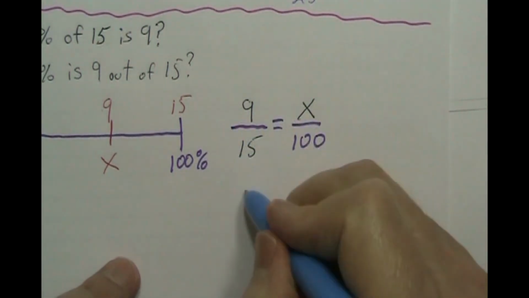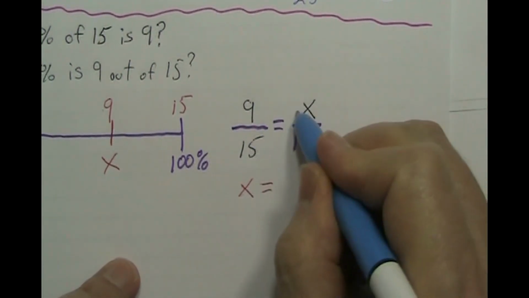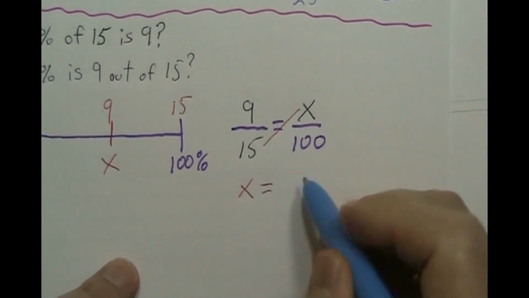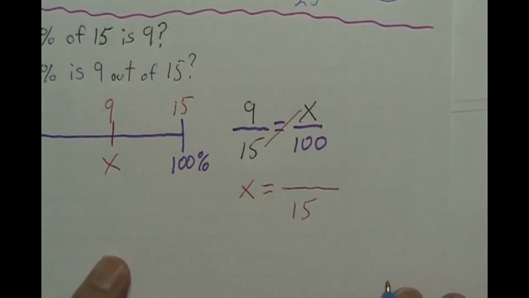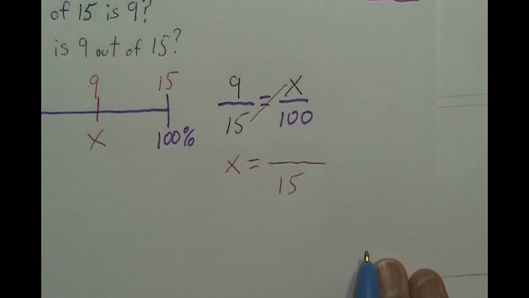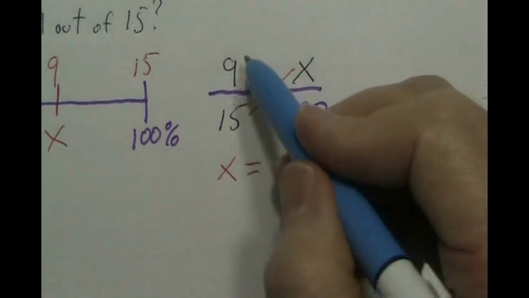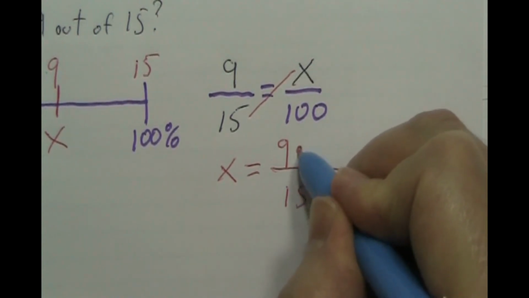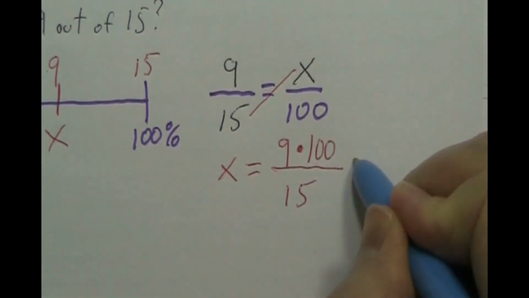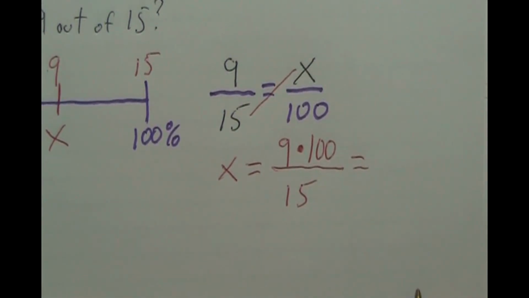So let's see here. We have X equals, remember the one diagonal of X goes in the bottom, and the other two will go on top. 9 times 100. Now we'll go ahead and use a calculator to find the answer.